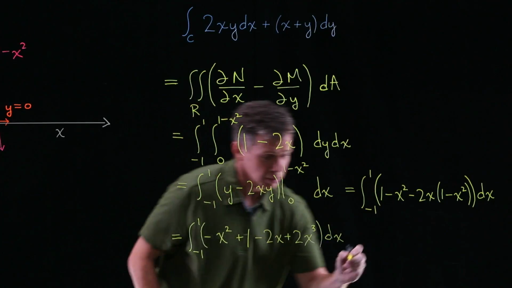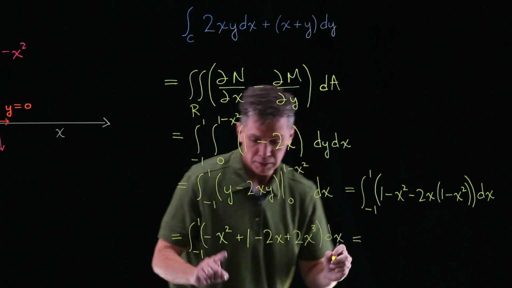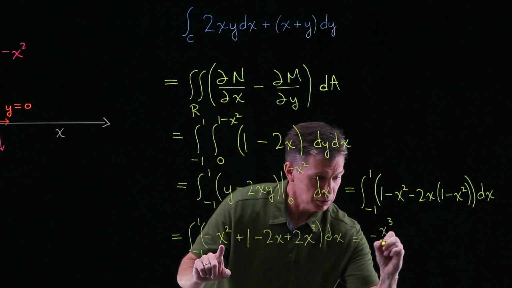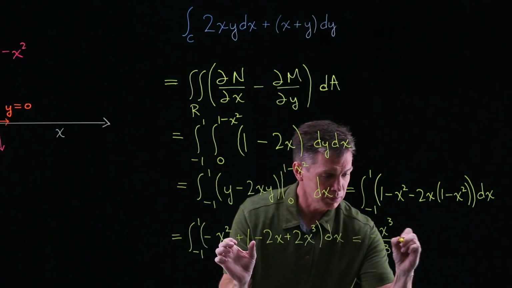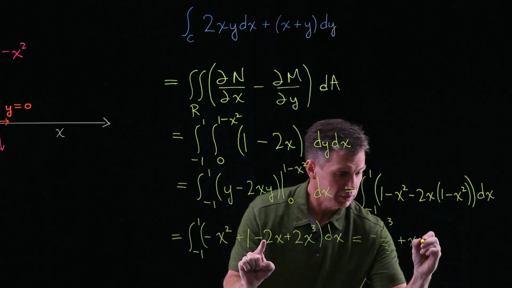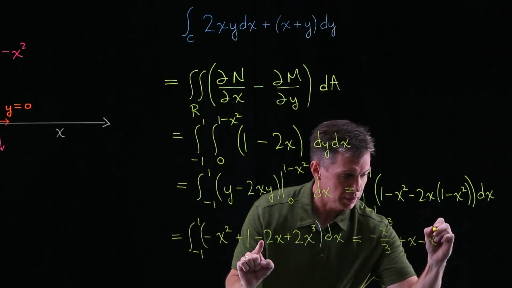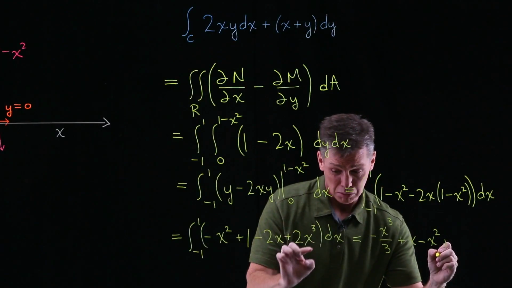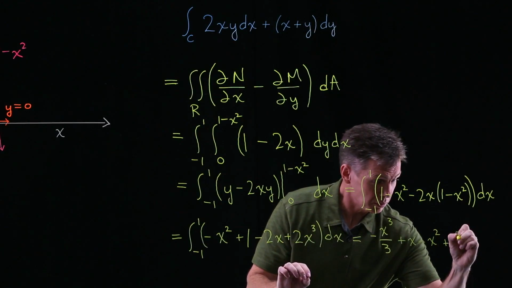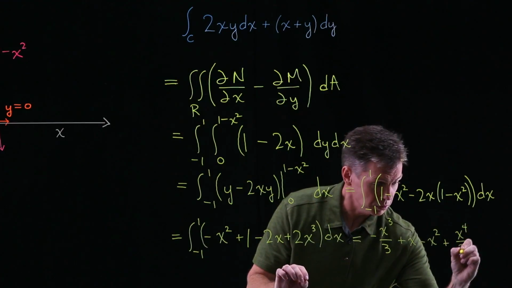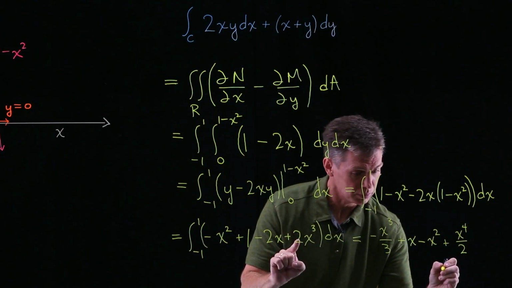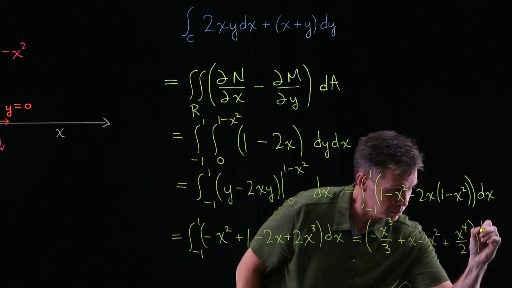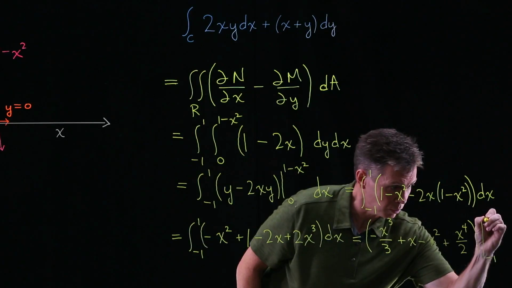I'll slide over again and just do that integration. Minus x cubed over 3 plus x minus x squared, and then plus x to the 4th over 4, so x to the 4th over 2 after we multiply by that 2. And all of that is evaluated from -1 to 1.